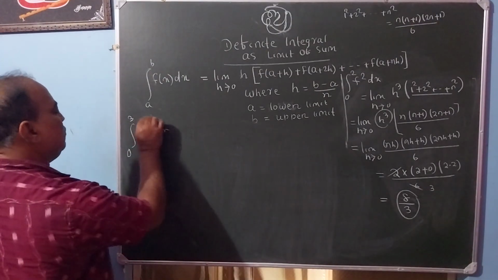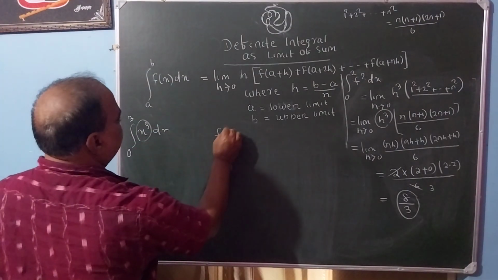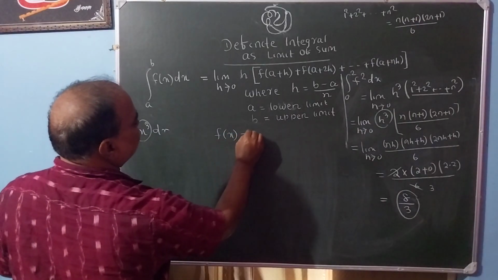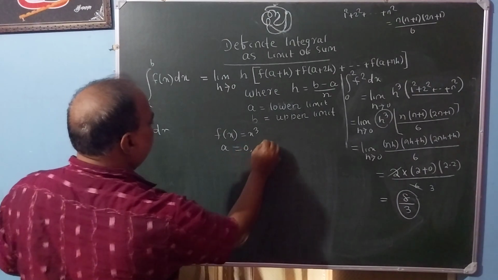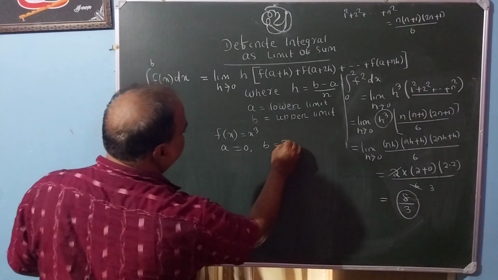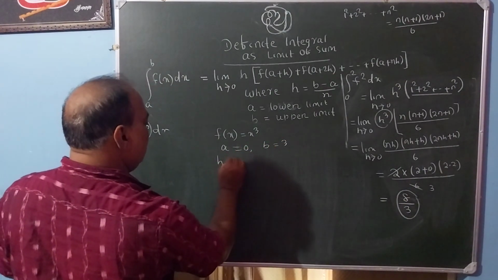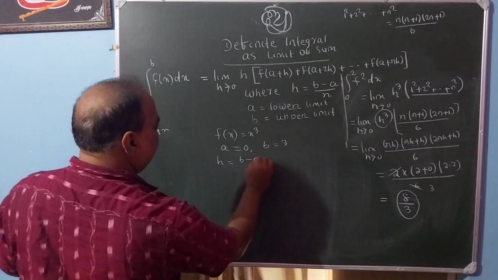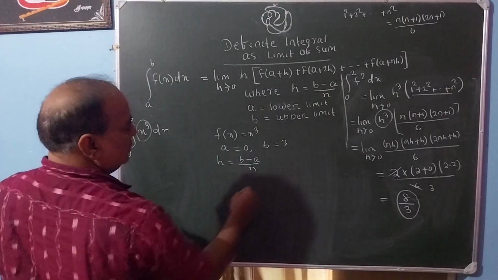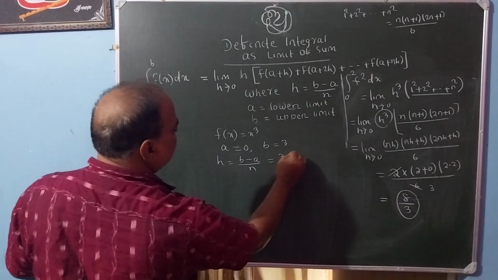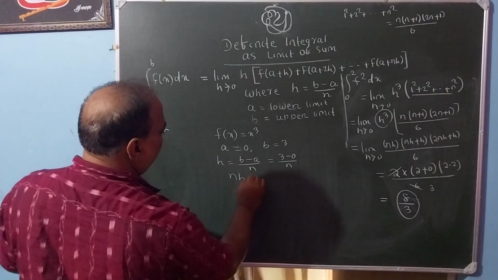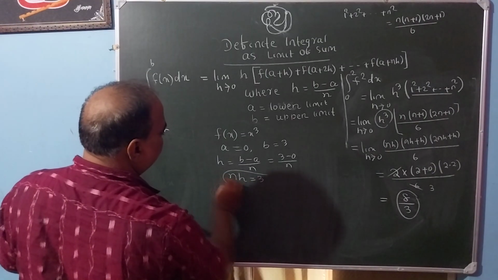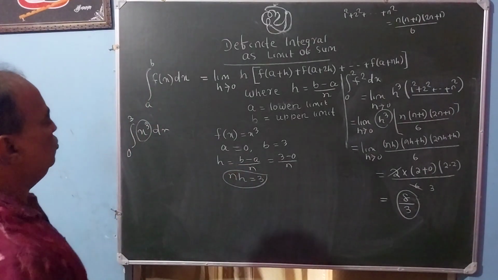Here f(x) is equal to x cube. Write down f(x) is equal to x cube, a equal to 0, b is equal to 3. h is equal to (b minus a) by n, so that is (3 minus 0) by n. So nh is equal to 3.